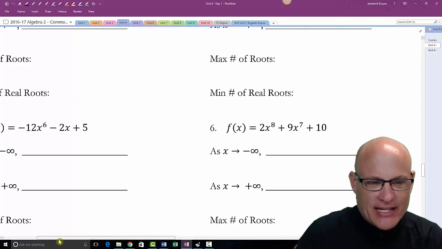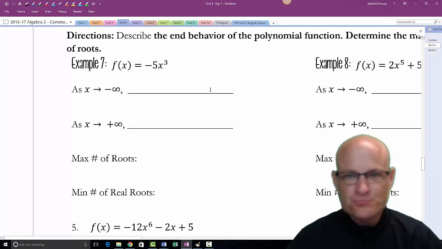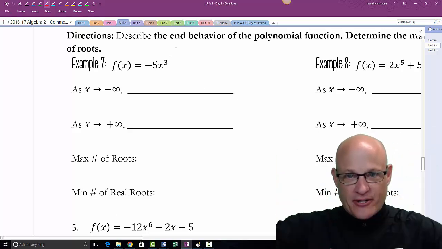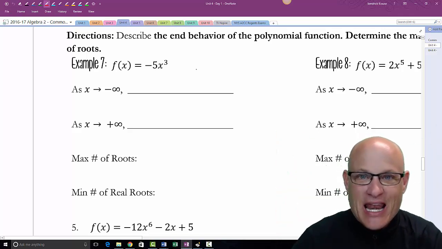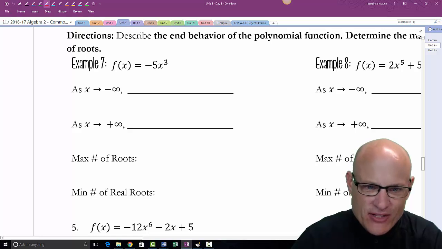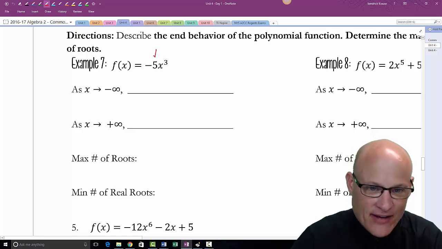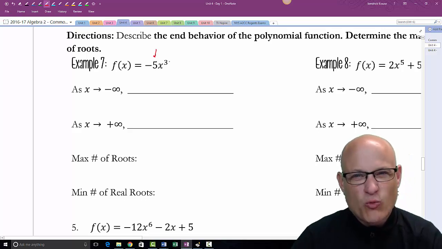So this stuff's not that bad, but it's easier if you draw a quick sketch. So if it's an odd function, it's going up and down or down and up. So I always think about it as being a line. Even though it's a cubic, it's a line. So I know it's got a negative exponent, but this is odd, so remember a linear function's got a degree of 1.